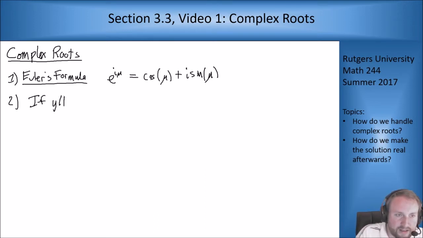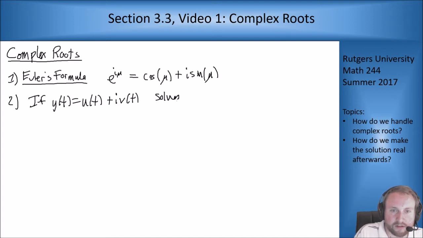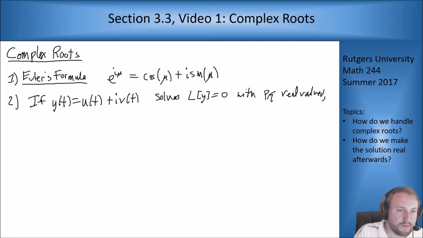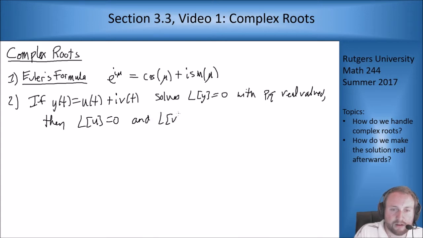So if y of t equals u of t plus i v of t solves Ly equals 0 with p and q real valued, then L of u is 0 and L of v is 0. Those are the two main facts from previous videos we're going to recall here to solve the problems in the case of complex roots. So let's start putting all this together.